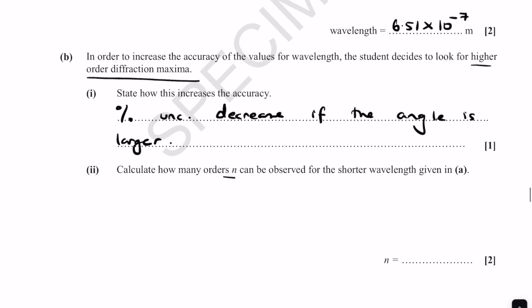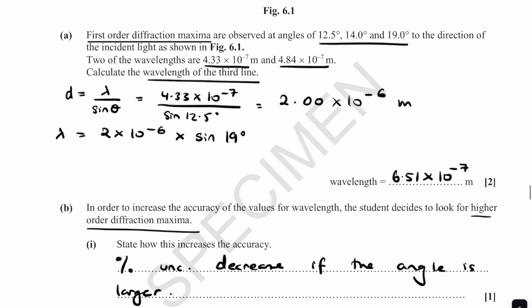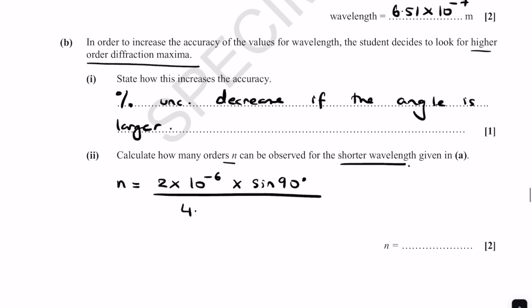When theta is 90, I can work out n, because n is equal to d sine theta, which is sine 90, over the shorter wavelength given, which is 4.33 times 10 to the minus 7. Putting that in, I end up getting 4.6 as n, and because it's an integer value, I would say 4. So that's part B done.